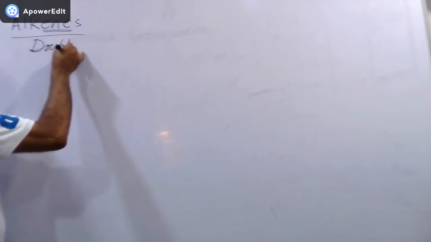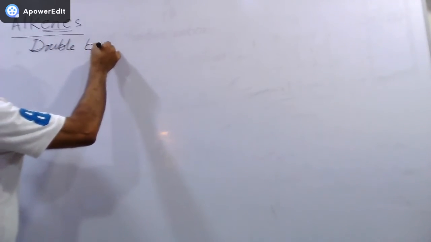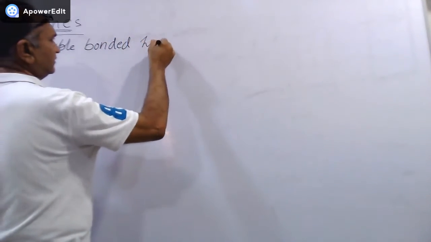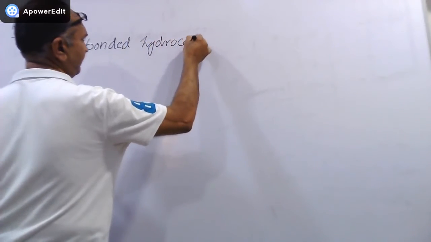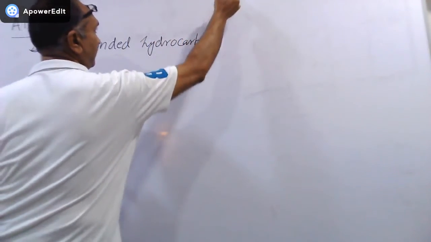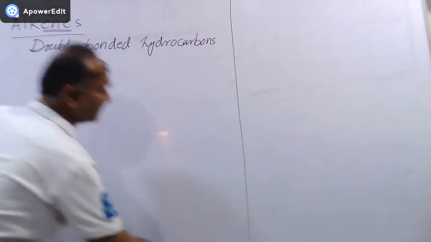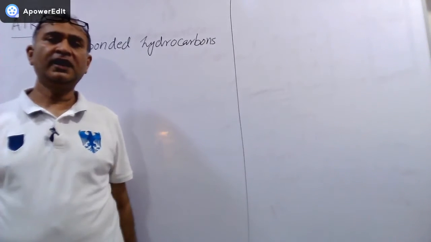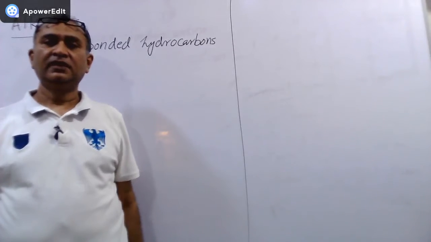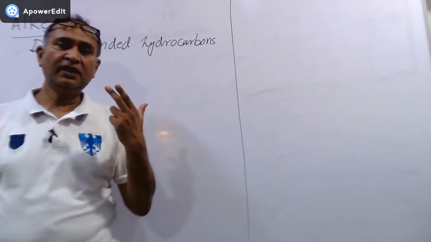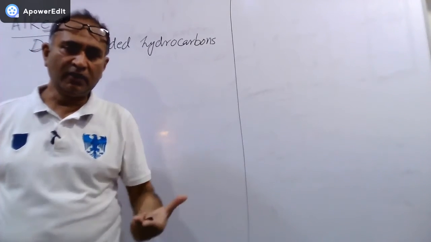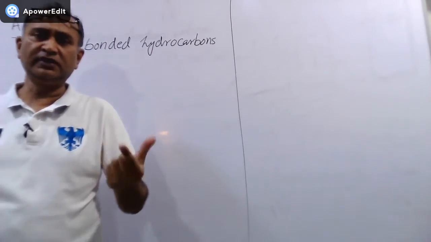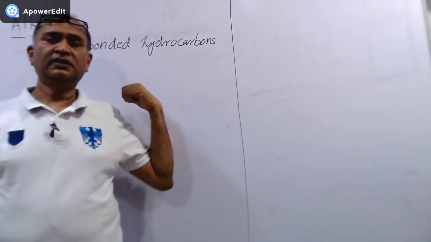Double bonded hydrocarbons. Okay? Double bonded hydrocarbons are called alkenes. It means if we have a double bond, or might be more double bonds, at least one should be there, then we call it an alkene.